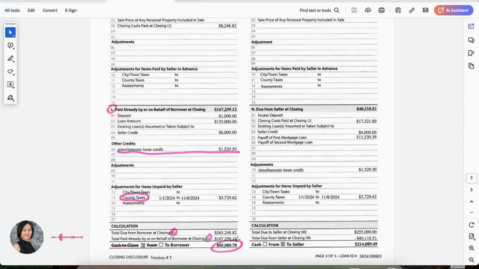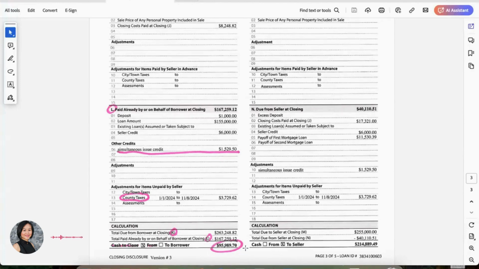So you have to wire this amount to the title company before closing, and make sure you call the title company and verify the wiring instructions that they email to you. Make sure it's the right company, the right bank account, so you can initiate the wire and you don't lose the money.